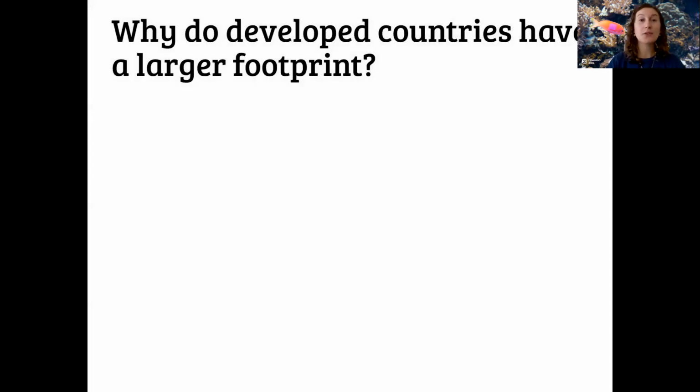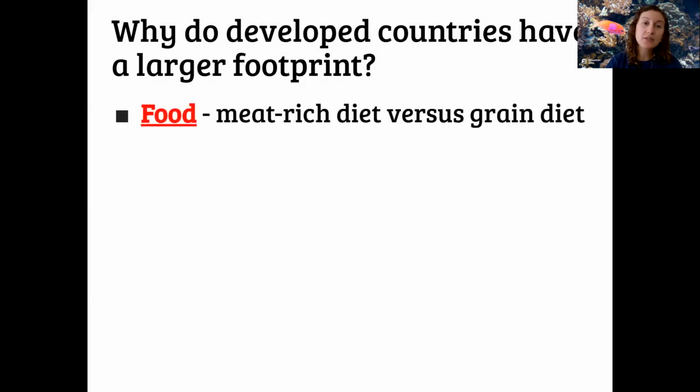Why do first world developed countries end up having a larger ecological footprint or resource usage? A lot of it has to do with our diet, our food. When we did Apes Trivia last week, we said that it takes 54 times as much water to produce beef than potatoes. I think it was 1 kilogram, I can't remember exactly. That's a lot more resources used.